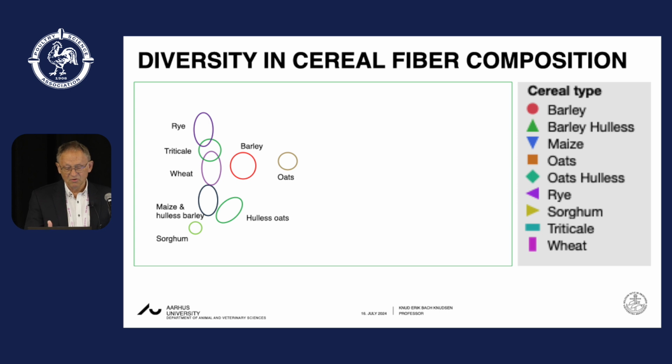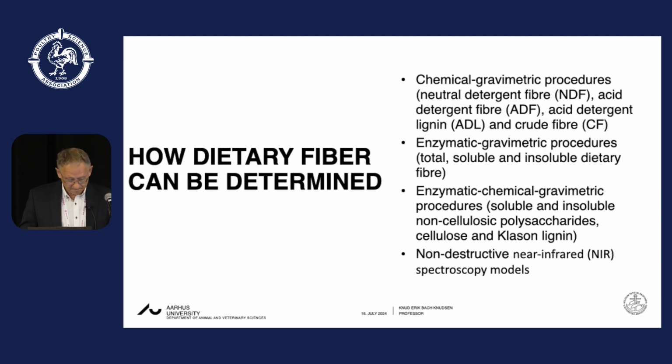But when you look at hull-less barley and hull-less oats, you'll see that they are more closely related to the other cereals, which are, however, separated here on an axis that goes from lower to higher levels of soluble arabinoxylans in general. Okay, I see I have to hurry on a little bit.